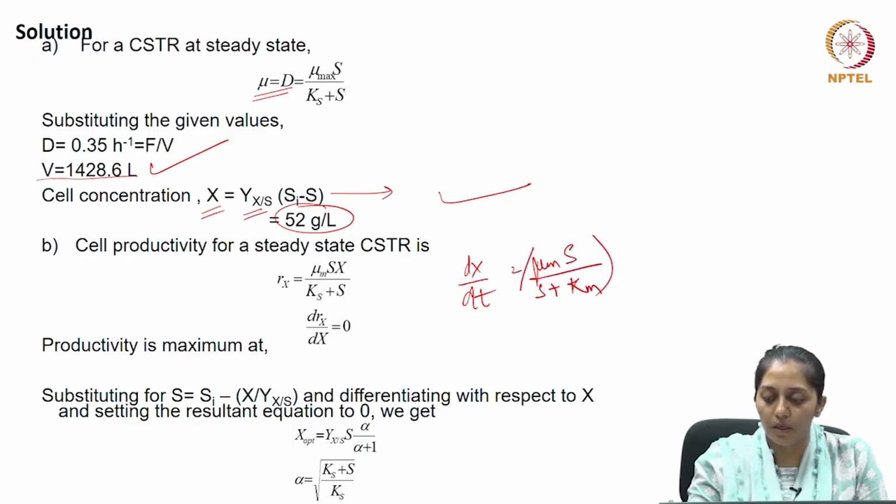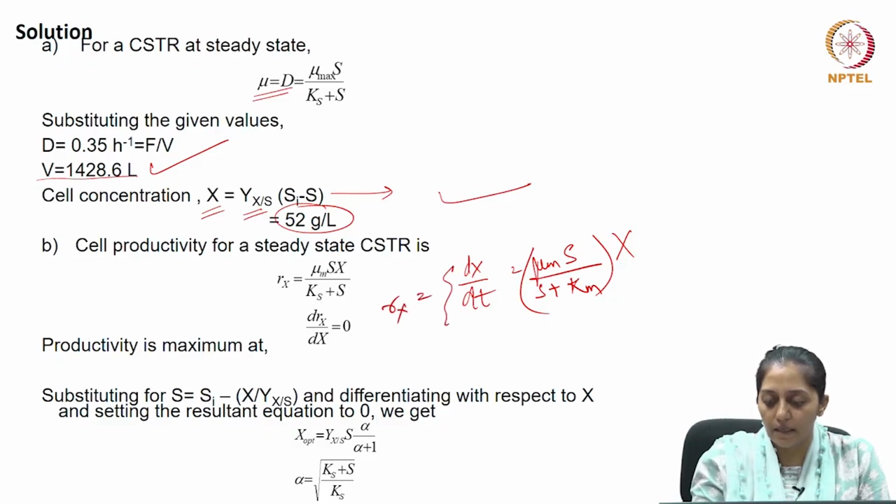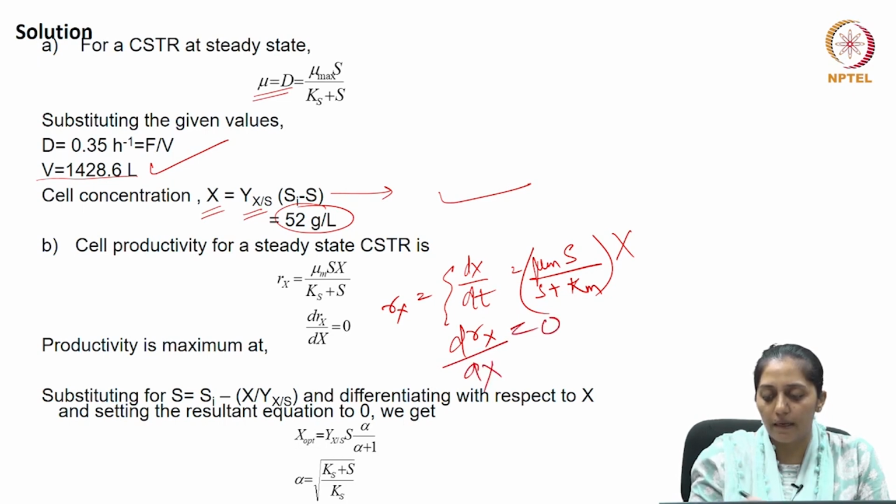This is mu times x. Now, we know to find maximum productivity, this Rx has to be differentiated with respect to x and put to 0 to determine that value of x at which dRx by dx would be 0.